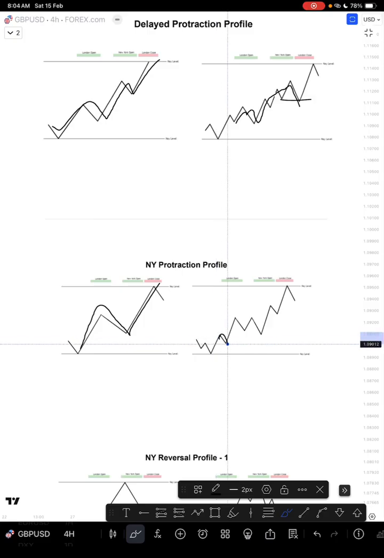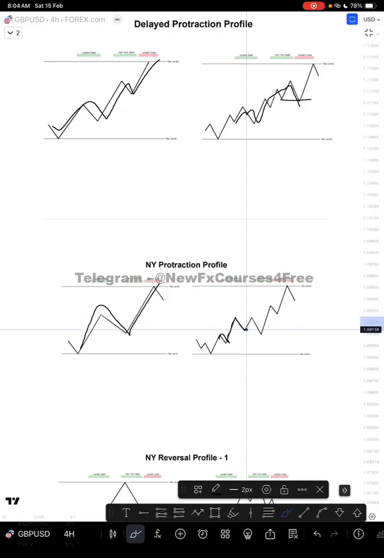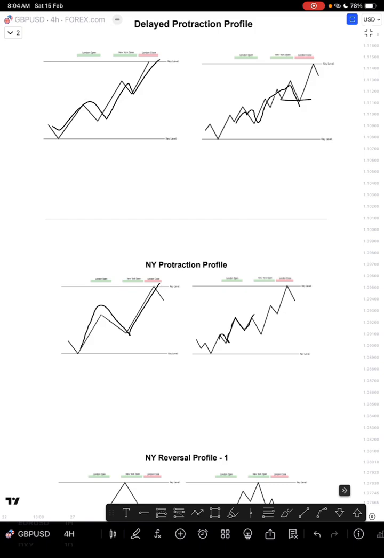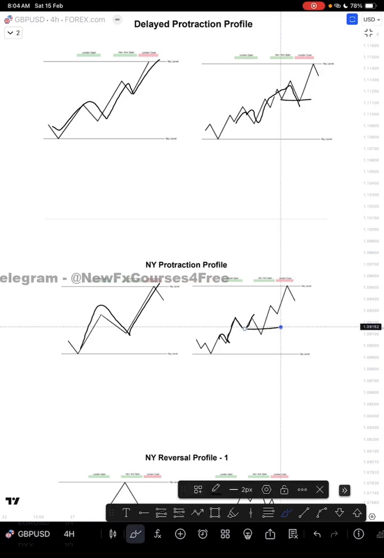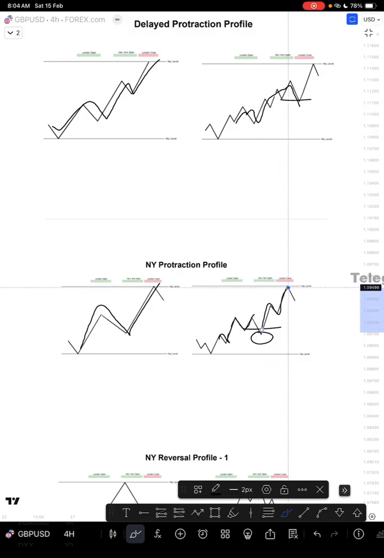London opens with this move here, goes higher, retraces, consolidates a little, then New York sweeps this low created by London. This begins the New York protraction profile and expands higher.